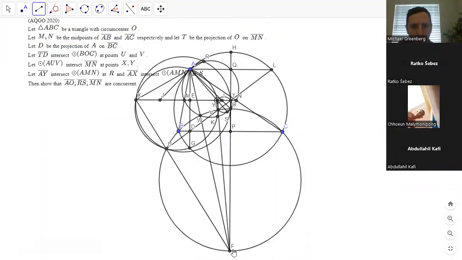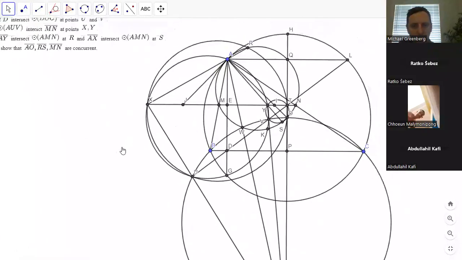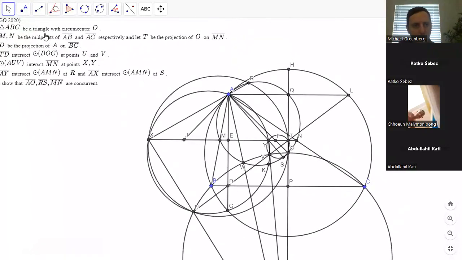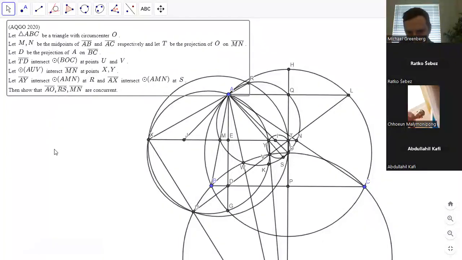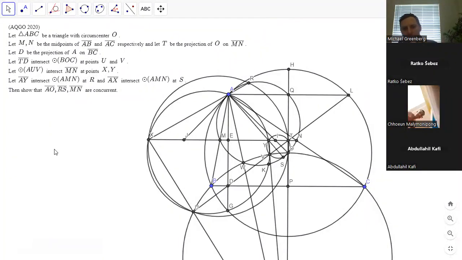Then once we have that, we want to show AO, RS and MN are concurrent.